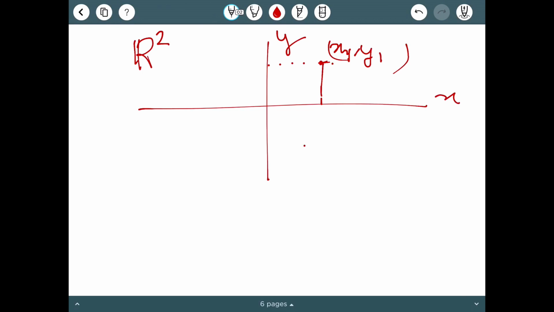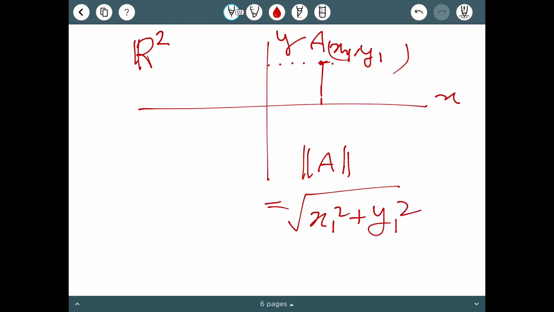So the Euclidean norm in this case is equal to the root of x1 squared plus y1 squared, which is equal to the length of the vector that starts from 0 and goes to x1, y1.